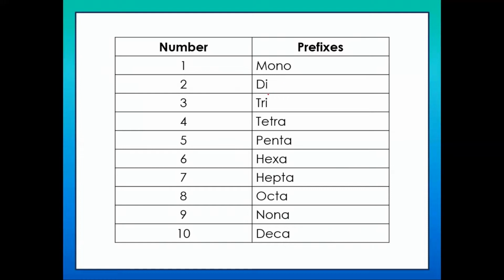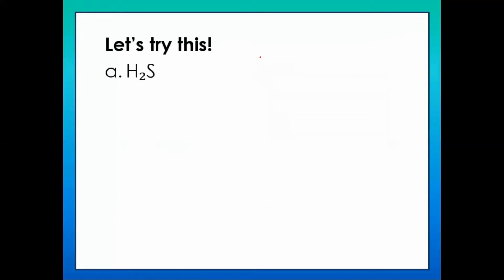So the prefix that we have to include once we name the given formula is di. Now, sulfur, you've noticed that there's no number here as a subscript. So, we know that if there's no number, that means this is 1.